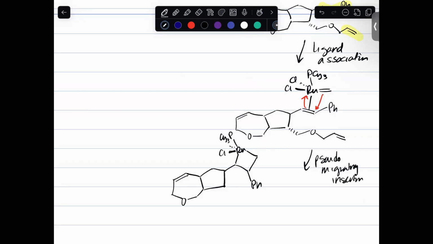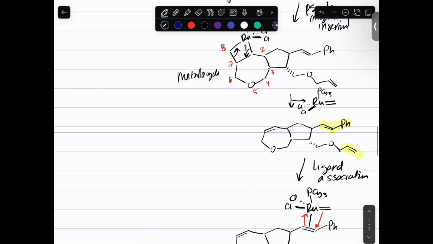And you formed your metallocycle. It collapses. And FYI, if you start with the top, you form styrene. So there's your styrene, and my ruthenium is not part of my structure.